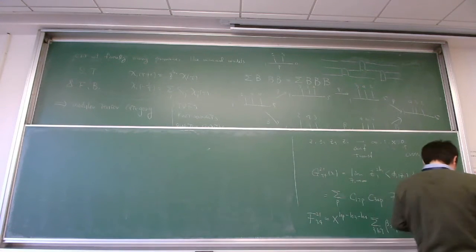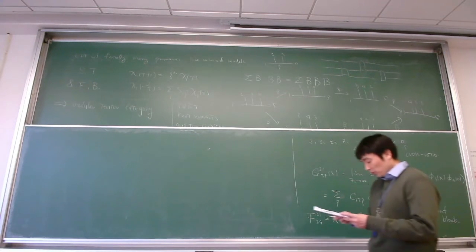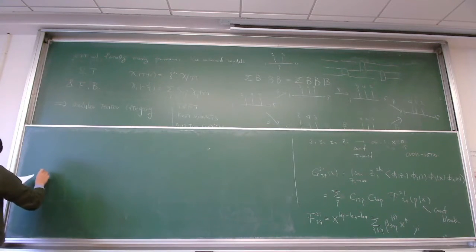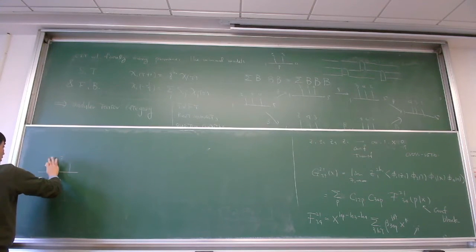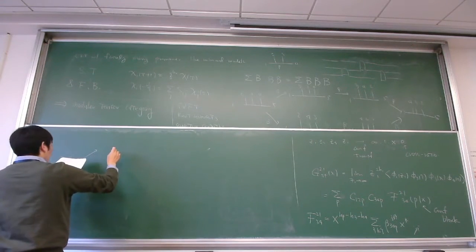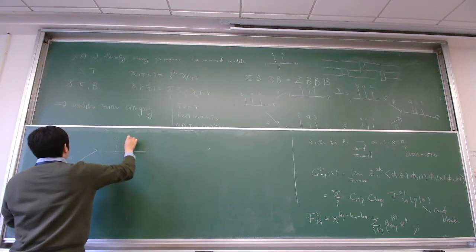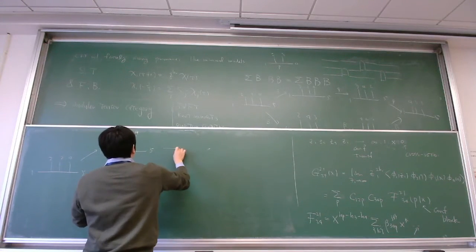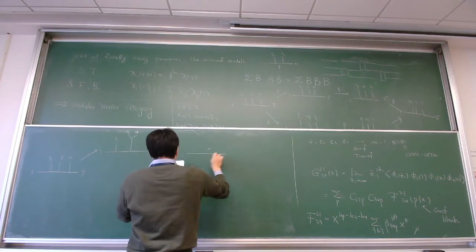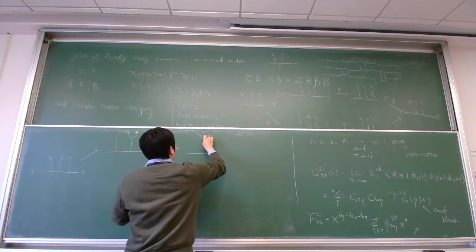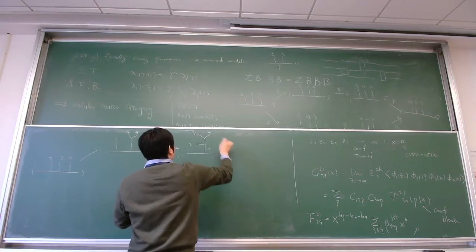And then you also have the same relation for the fusion matrix. You start with 1, 2, 3, 4, 5, and then first you go to 1, 2, 3, 4, 5, and then just do the 1, 2, 3, 4, 5.